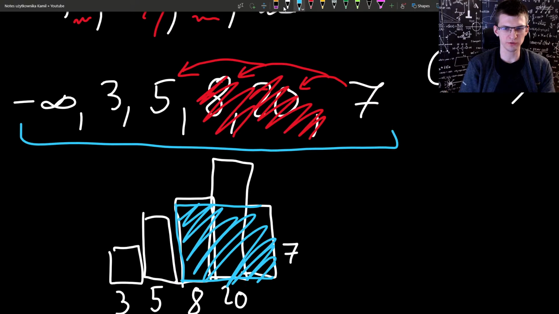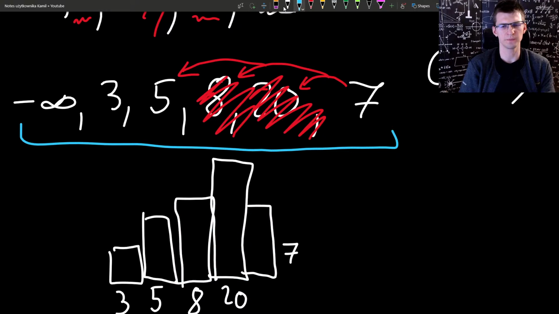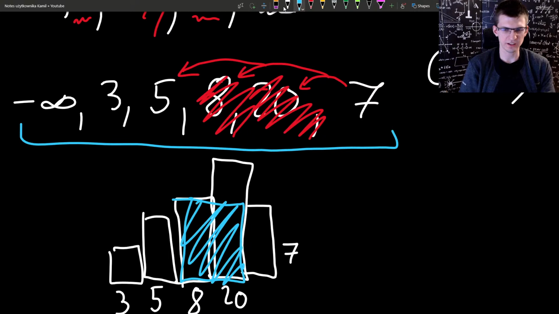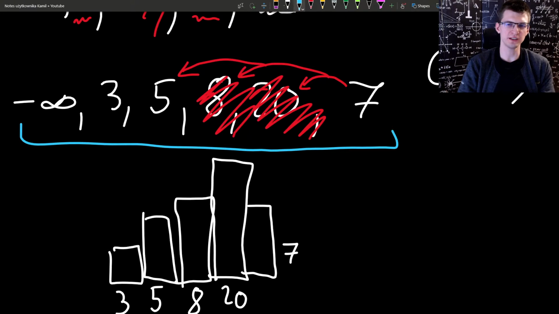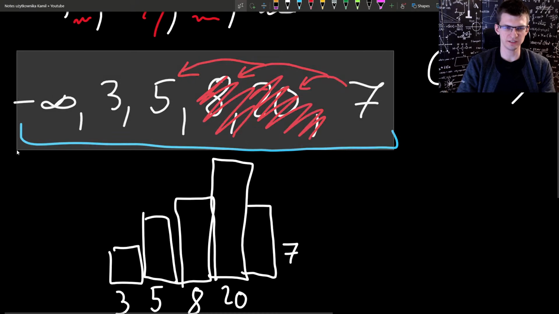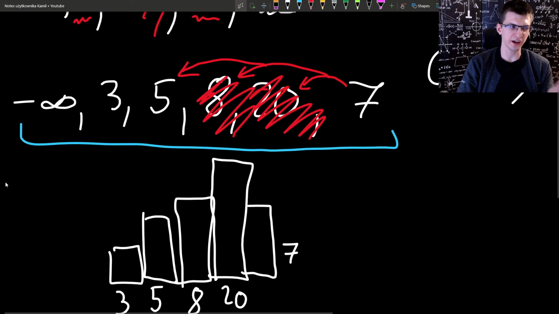But also when removing 20, we should consider this rectangle. When removing 20 and 8, we should consider this rectangle. There is something like this going on, which means that as we do this, we can compute the answer for a rectangle problem as we go.